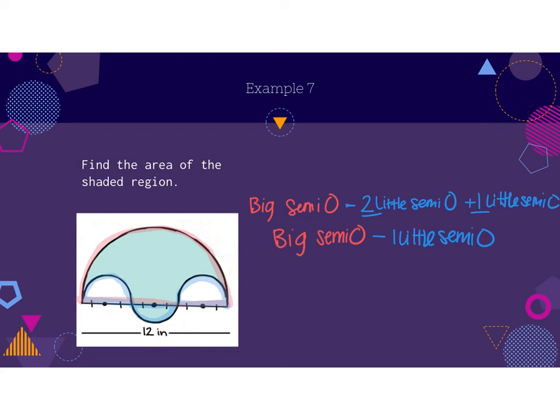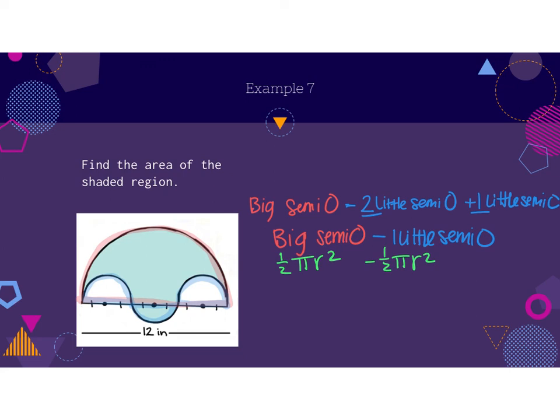If we're going to take away 2 and then add 1 back in, that's just taking 1 away. All right, so we're going to use pi r squared for both, as that's the area. And since that's the area of a circle, we want 1/2 in front of it because we're just dealing with a semicircle instead of a full circle.